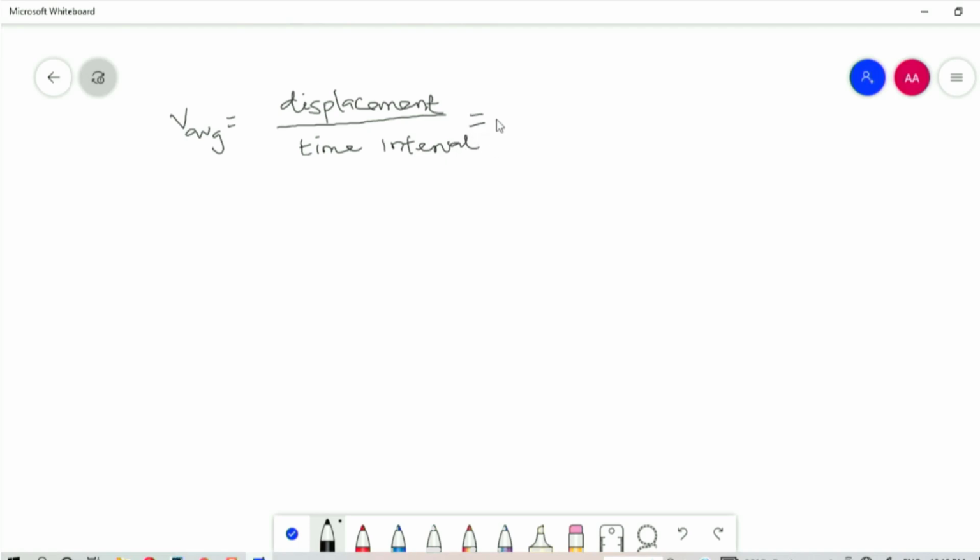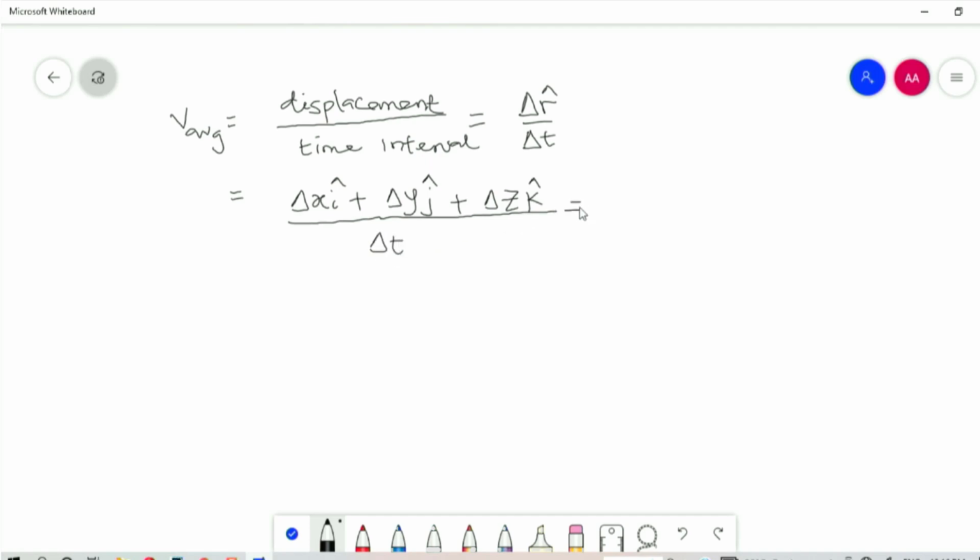Then from what we have done earlier, we can simply write delta r upon delta t, which is the same thing as delta x i plus delta y j plus delta z k, everything upon delta t.